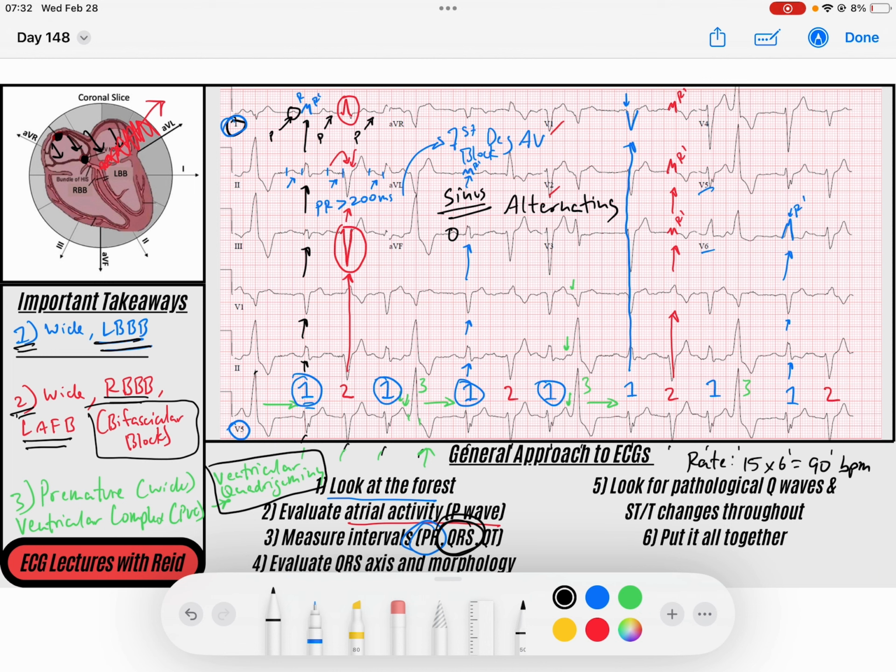So you're getting this alternating pattern between the left bundle branch block and the right bundle branch block plus left anterior fascicular block. So you're getting alternating between those two with these quadrigeminal PVCs.